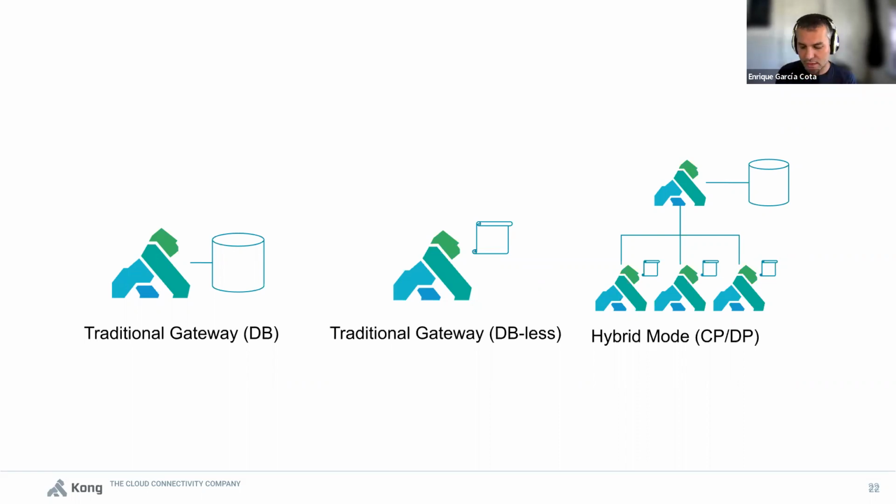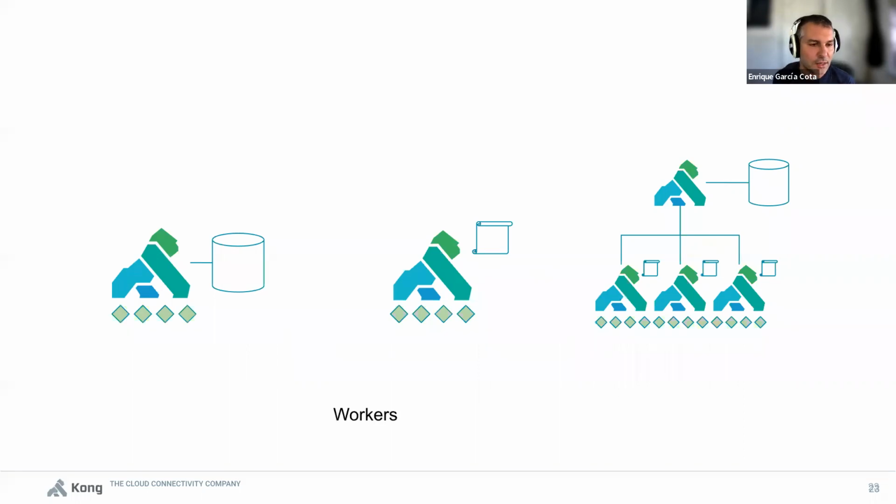On top of that, all of these individual nodes are composed of workers, and sometimes we want to see what is going on inside the workers themselves. There are other dimensions as well, like how many routes or plugins are we dealing with, and how often do they change? All those factors have to be taken into account.